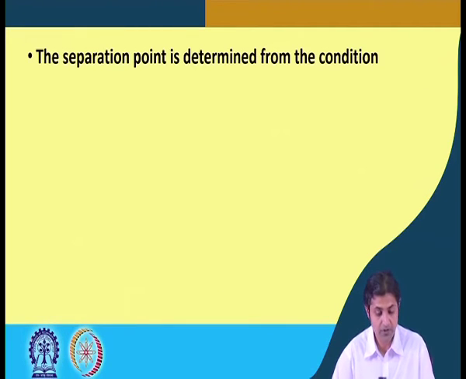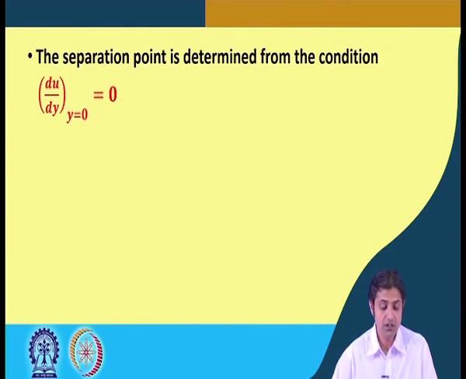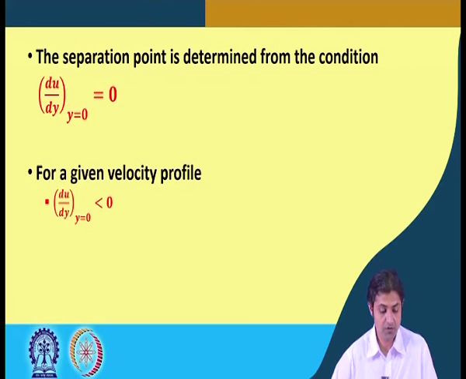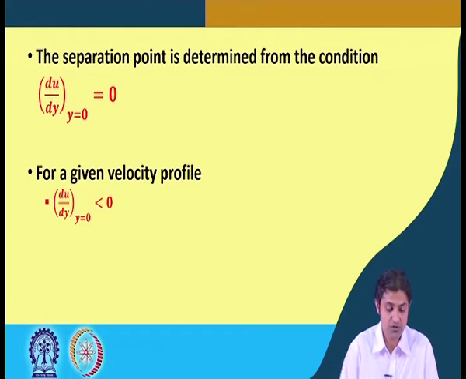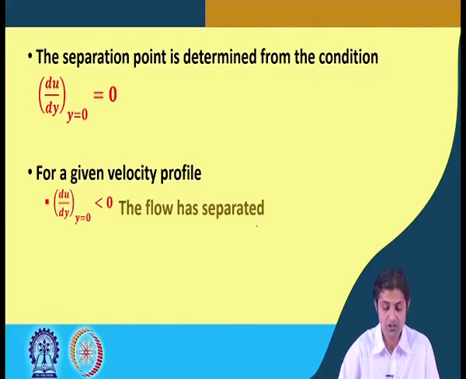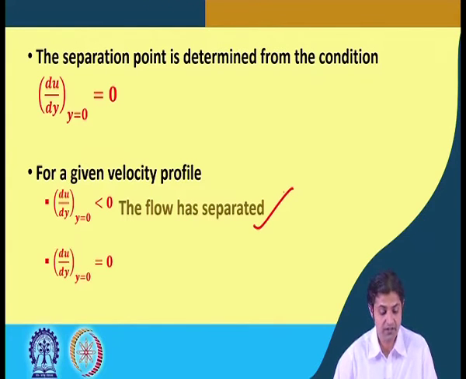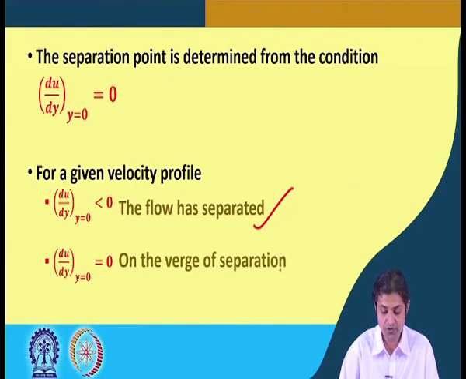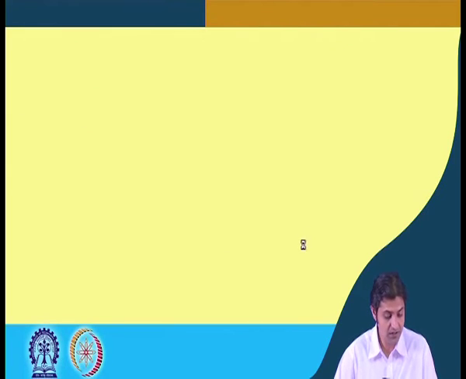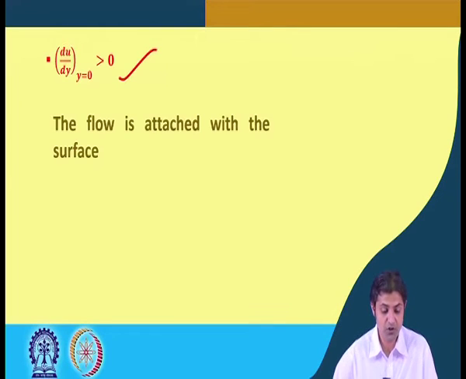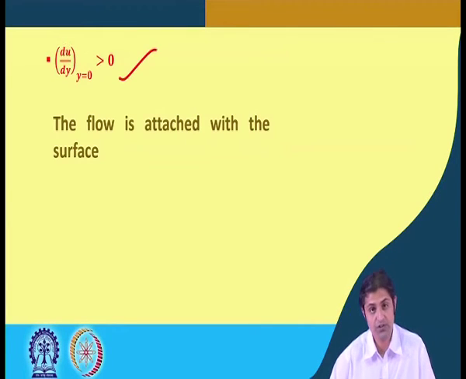All right. So, where the separation point is going to be is determined from the condition du/dy at y equal to 0 is equal to 0. For a given velocity profile, if du/dy at y equal to 0 is less than 0, this means that the flow has already separated, and if it is equal to 0, it is on the verge of separation, and if it is greater than 0, this means it will not separate; the flow is attached to the surface.